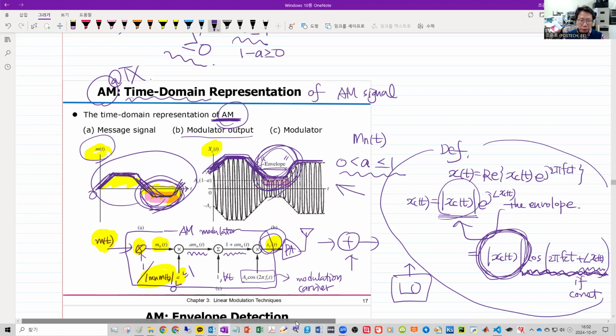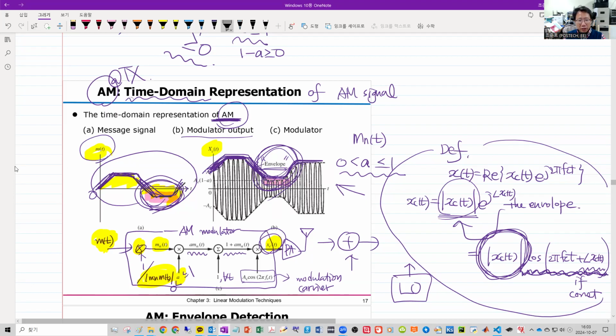Got it? So these are figures you have to be able to draw. For example, I may give you an exam problem saying, okay, draw a block diagram of an AM modulator.